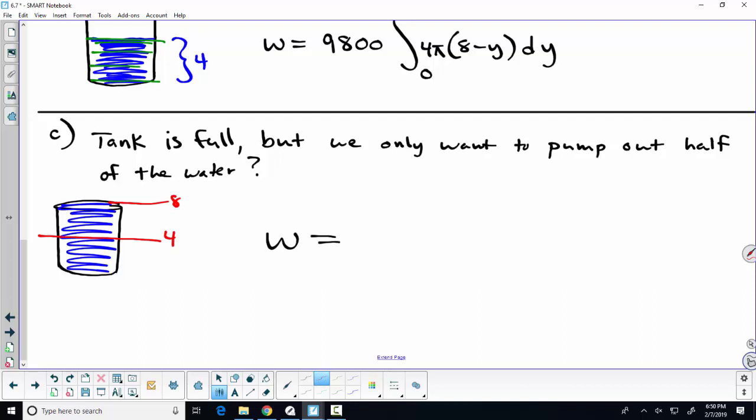So from 4 to 8, pumping this half out. I don't remember if there's a simplification there. I don't think there is. Let me think about that.